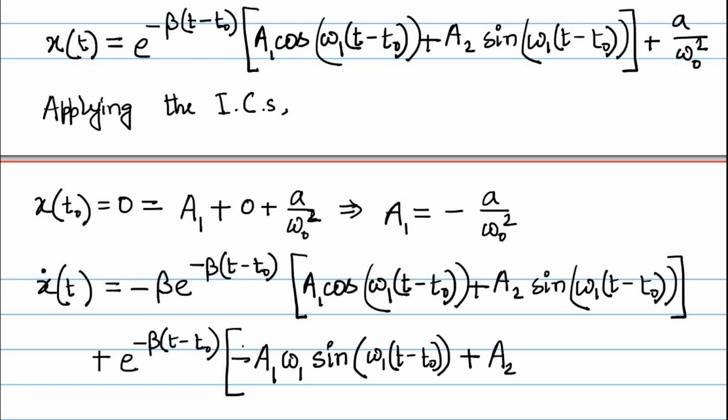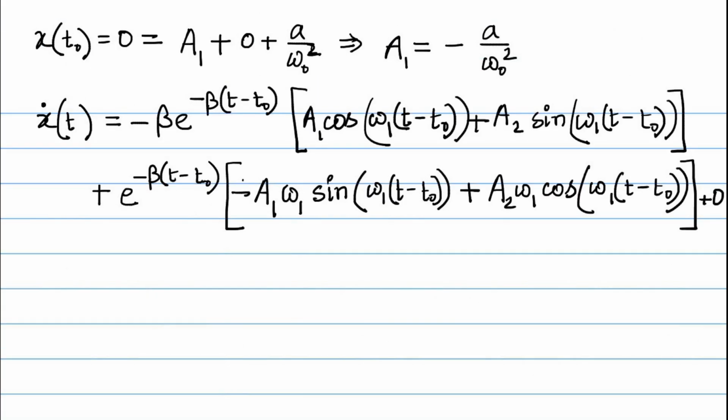Then a2 omega 1 cosine of omega 1 times t minus t naught, and the last term is a constant, so when you take the derivative that contributes only 0.